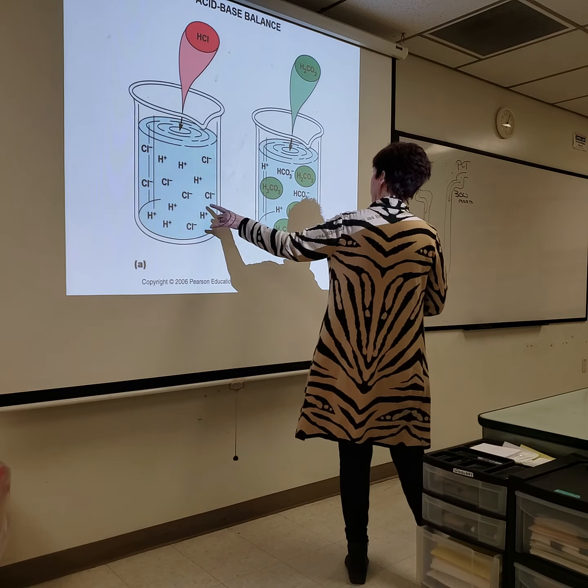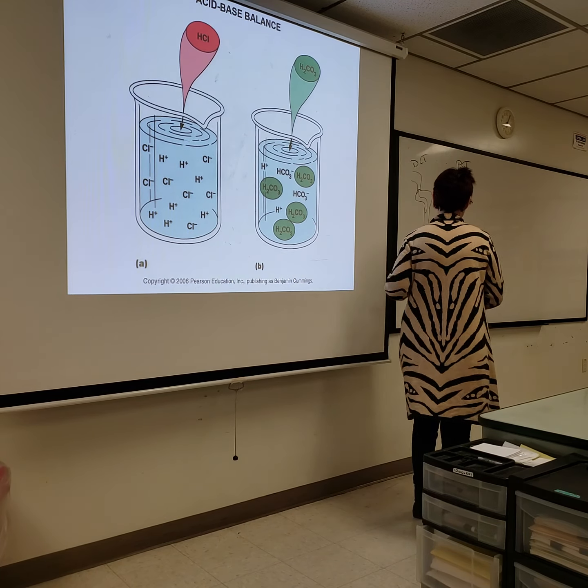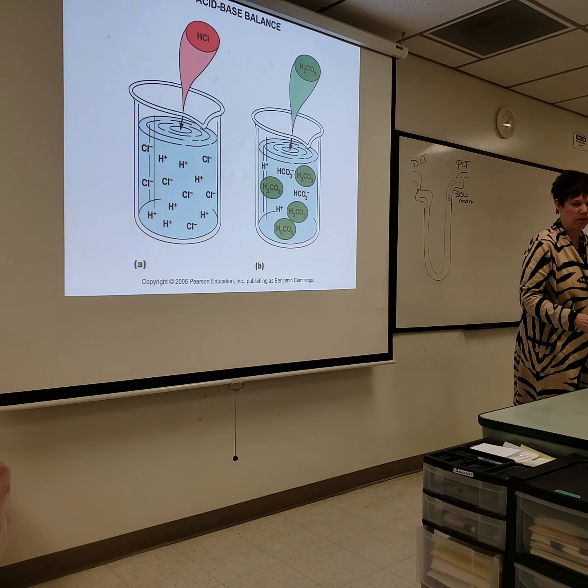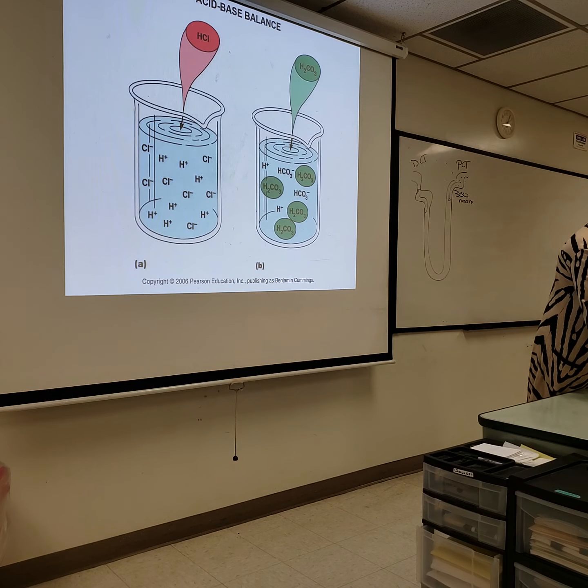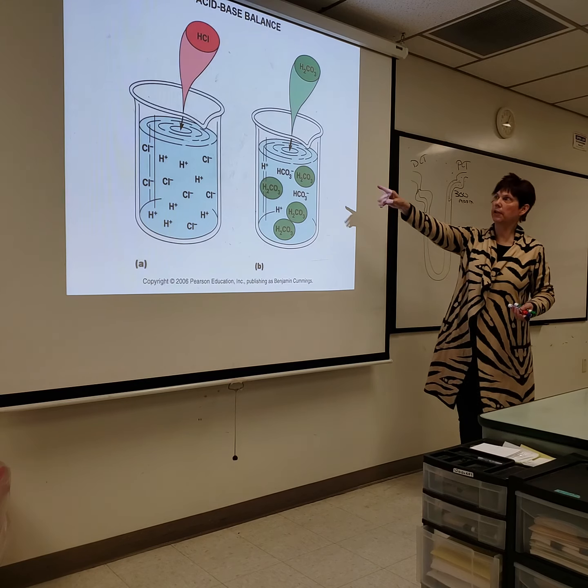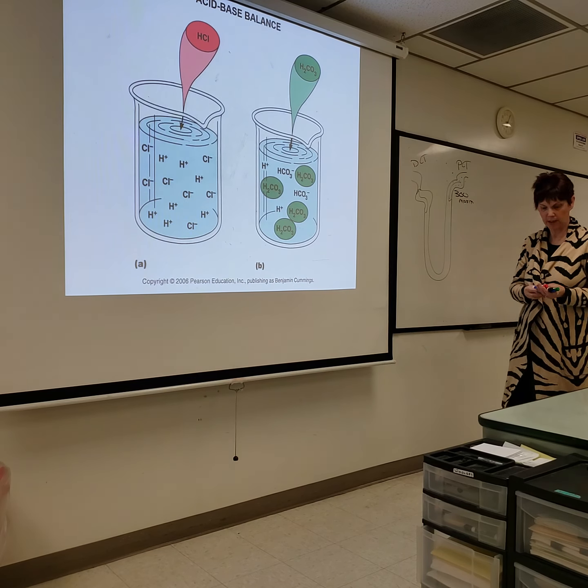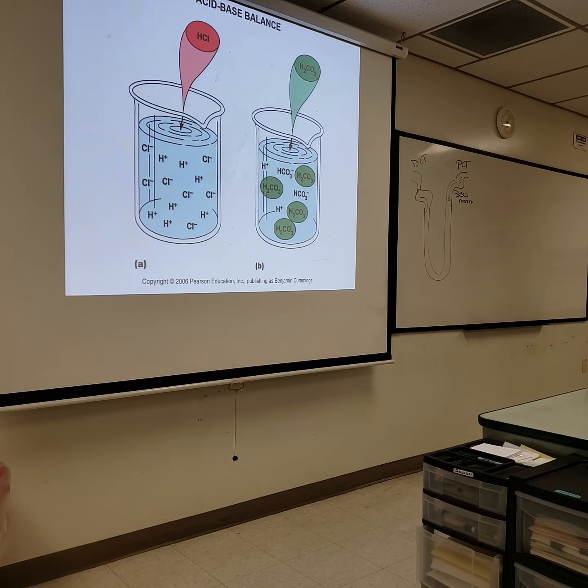I think this has 7 molecules of hydrochloric acid and this has 6, which is nice if they draw the same number. Hydrochloric acid and carbonic acid. We talked about this a little bit with the respiratory system.